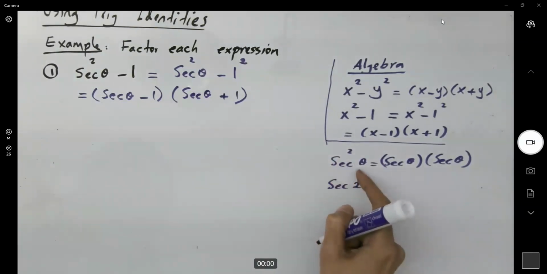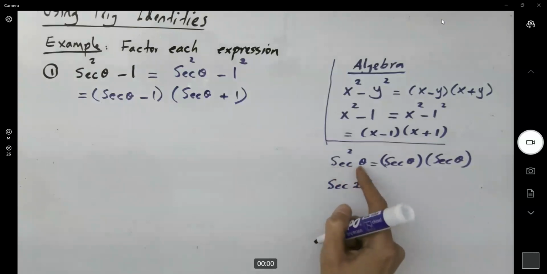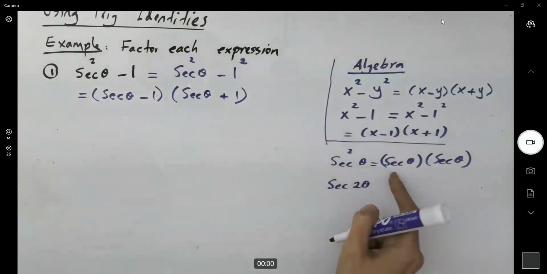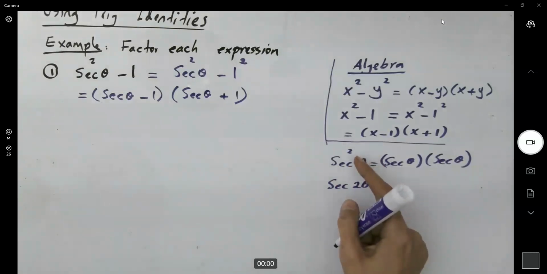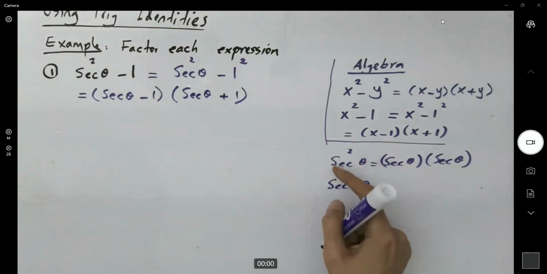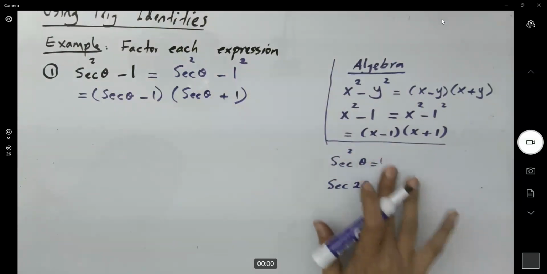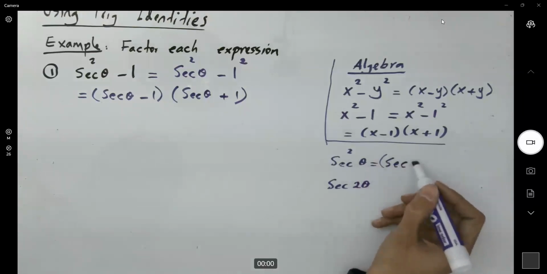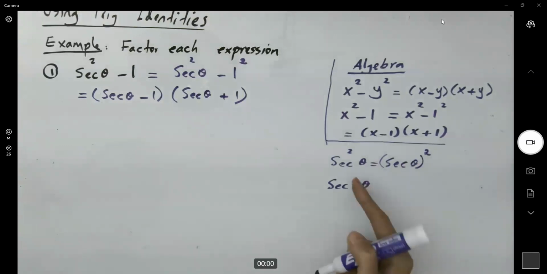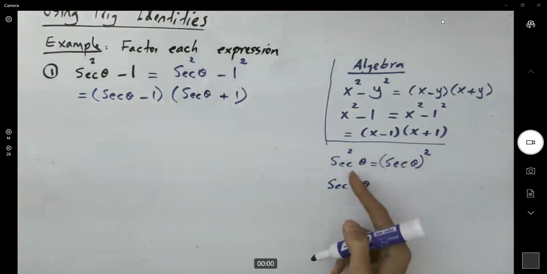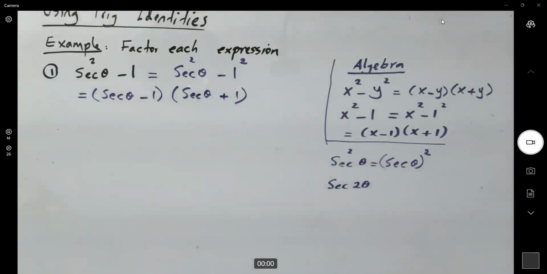This one says I have a function called secant of theta, and I multiply secant of theta by itself and put exponent 2 on top of it. When you have secant to the power 2 of theta, it's equivalent to writing secant of theta to the second power, but by convention, they prefer to write it this way. They have the same meaning.